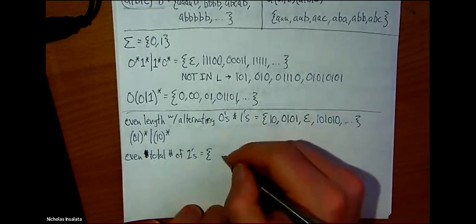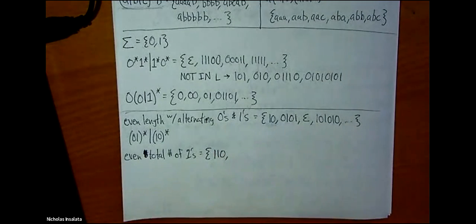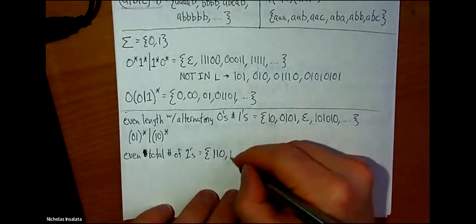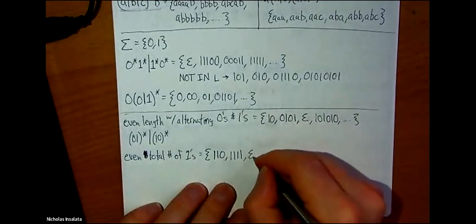Okay, 1, 1, 0. That's a good one. It has 2 ones inside, so we're good. Okay, let's have a few more. Okay, 1, 1, 1, 1. Great, that has 4 ones inside, so we're golden. The empty string, that has no ones inside, we're good there.